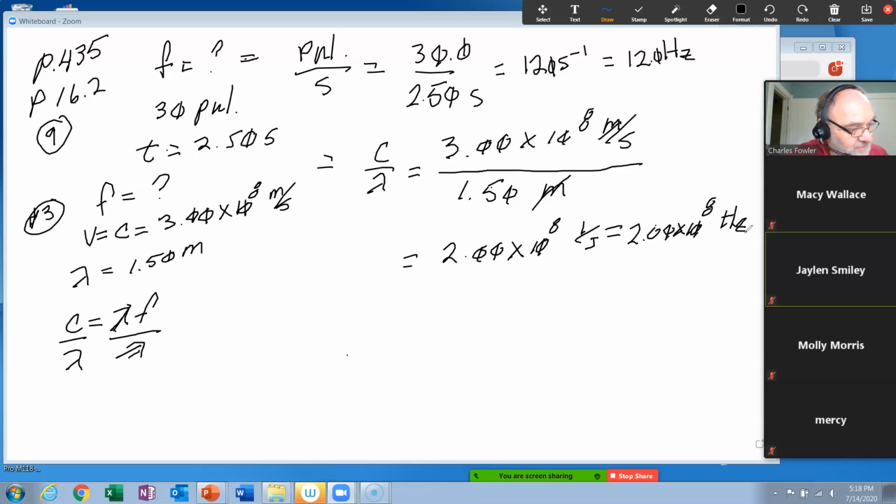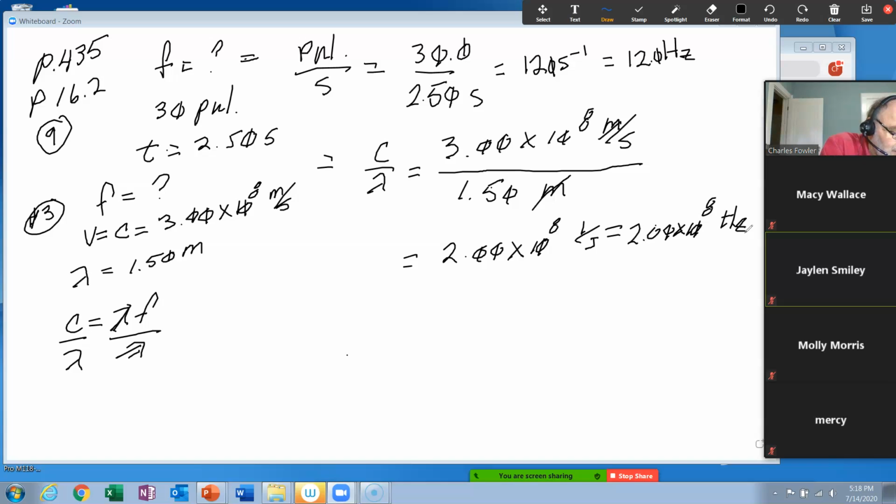And you can also, if you got your book open on page 434, you could see that a wavelength of 1.5 meters would be halfway between, you see the 3 down there and the thing to the right, it's approximately halfway between that.